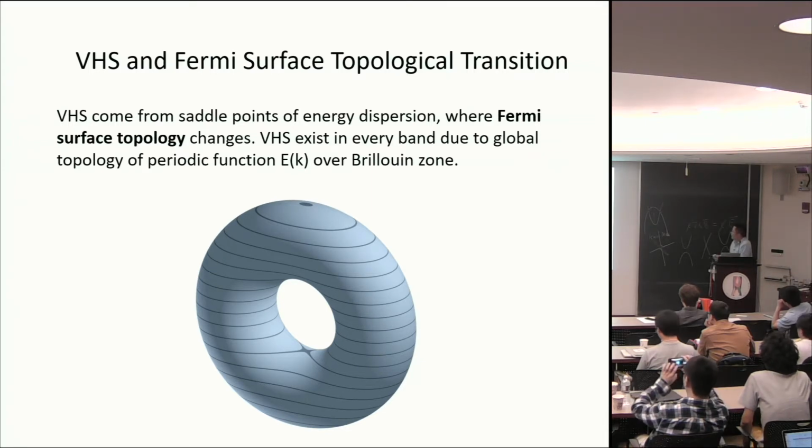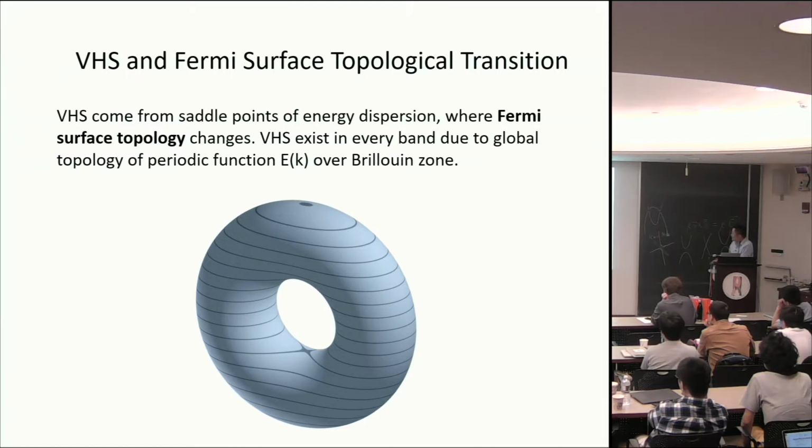It's guaranteed by the topology of periodic functions. The momentum k has to live in a Brillouin zone, which is topologically a torus. If we plot energy as a function of k, where energy is the vertical axis, then at every energy we can draw constant energy contours in the Brillouin zone, which is represented by this torus.